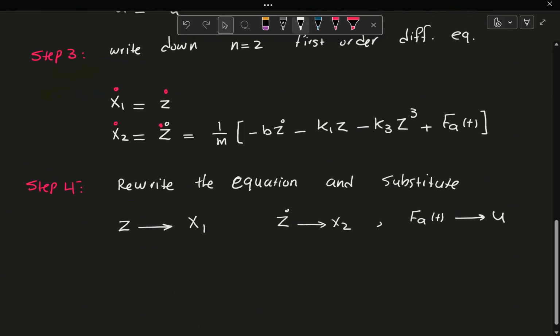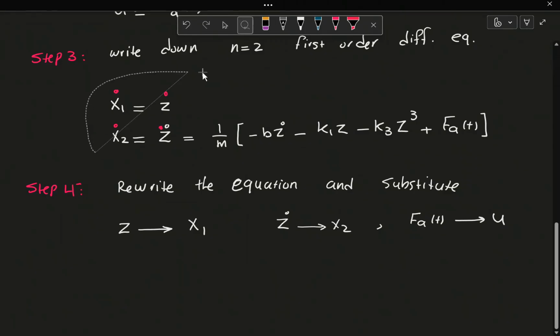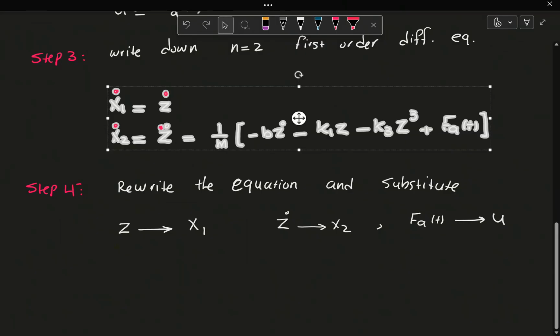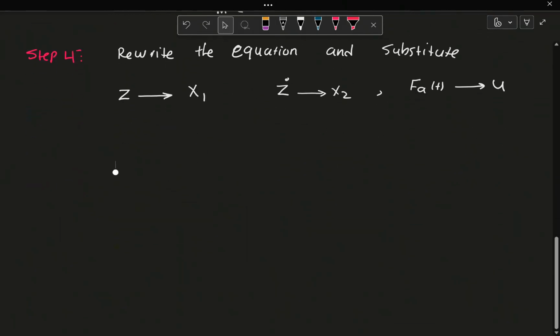Let me copy these equations from here and paste them here.